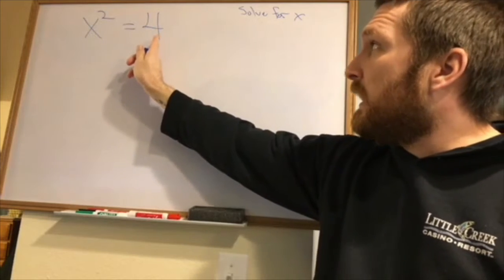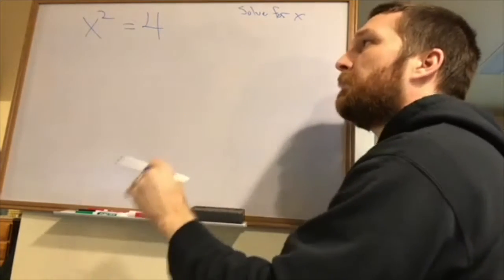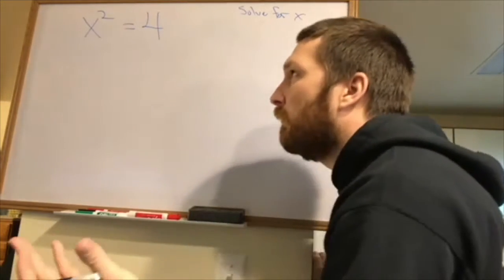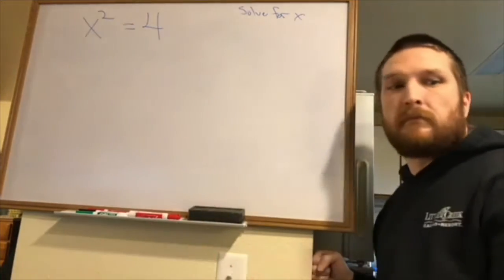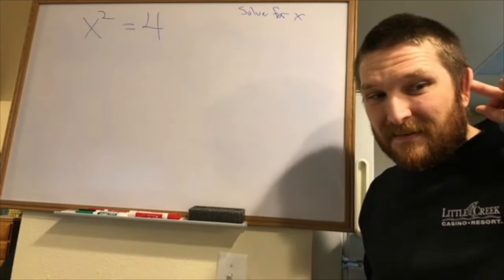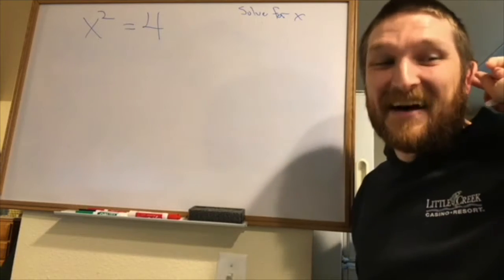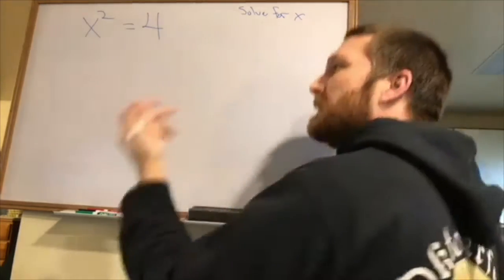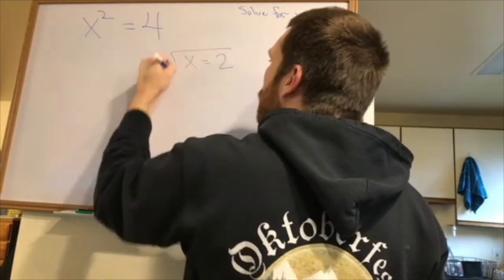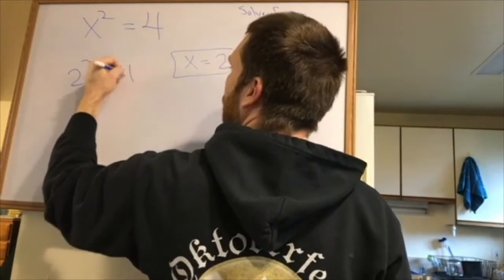I could say, hold up, you're telling me that you took a number and multiplied it by itself and you got a 4. Well, that number must be what? 2. I couldn't hear you, I'm sorry, my birds are screeching. I know. 2, right? x has to be 2 because 2 squared is equal to 4.